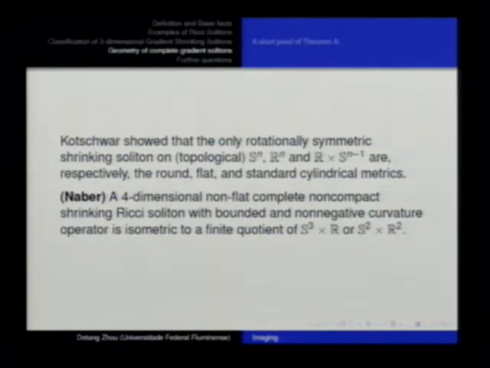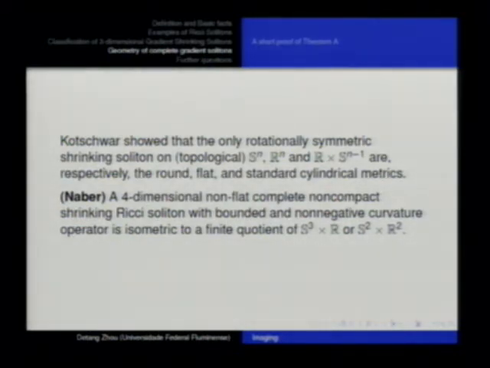Another result, without assuming the conformal flatness, was proved by Naber: if the manifold is non-flat and with bounded and non-negative curvature operator, it is isometric to a finite quotient.